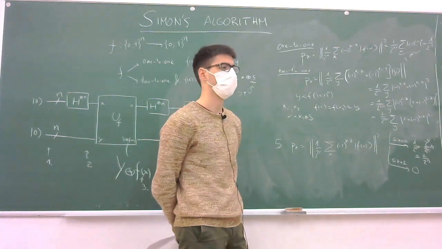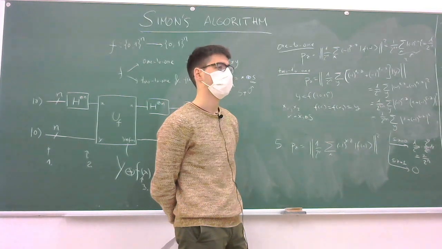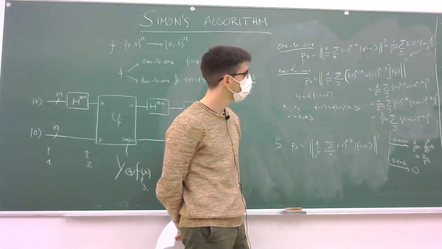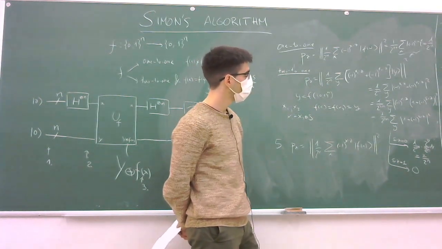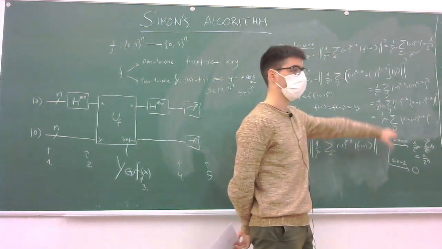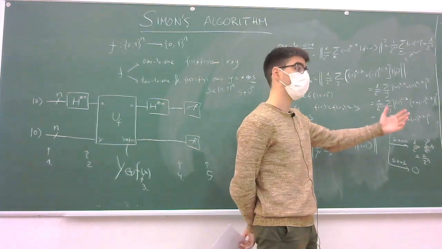I am not understanding the question. Sorry, please. You have assumed that for the half of the sets, you have s times z is 0. S times z is either 0 or 1 because it is the bitwise product, and the result of the bitwise product is either 0 or 1.